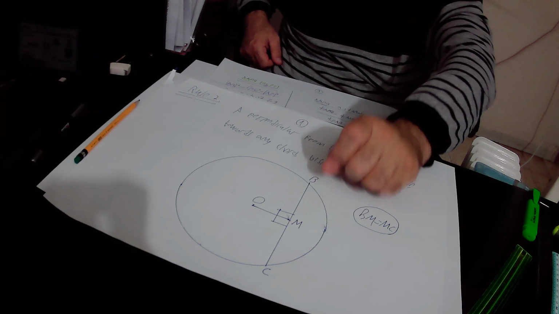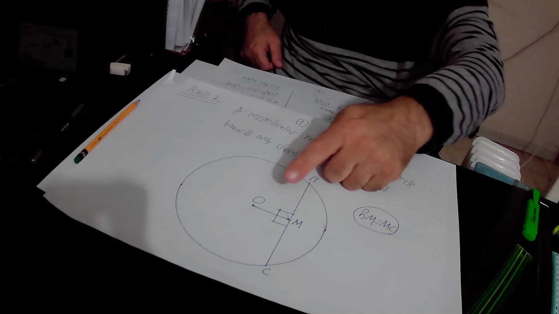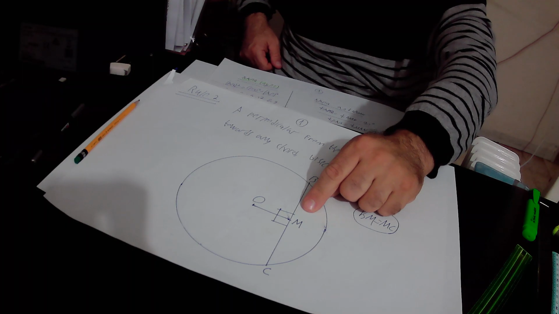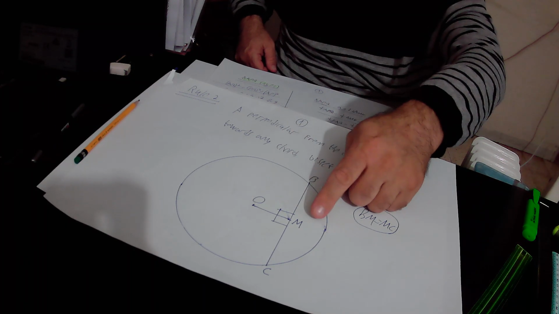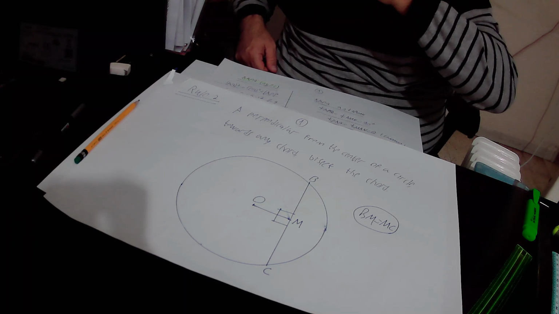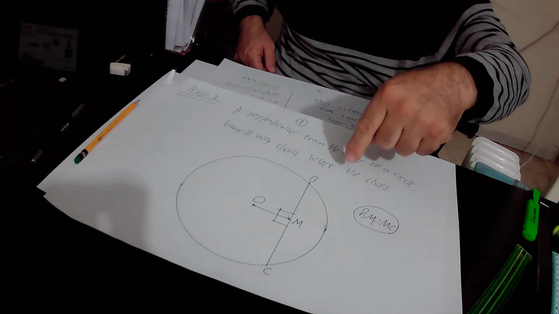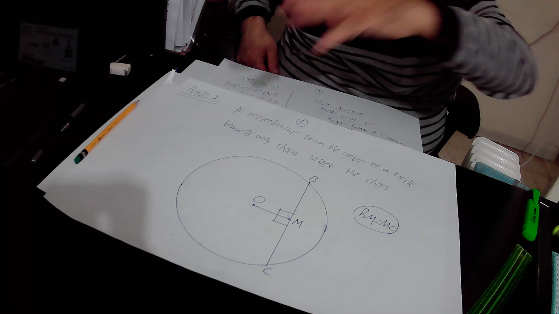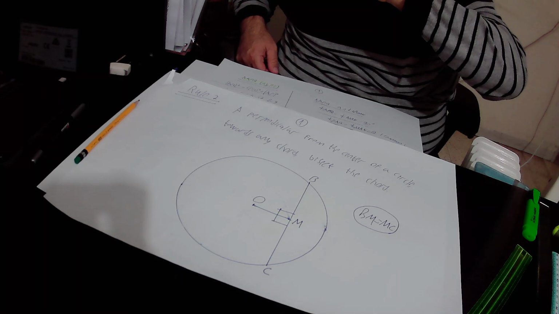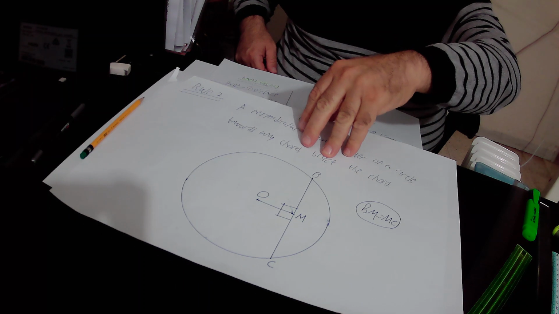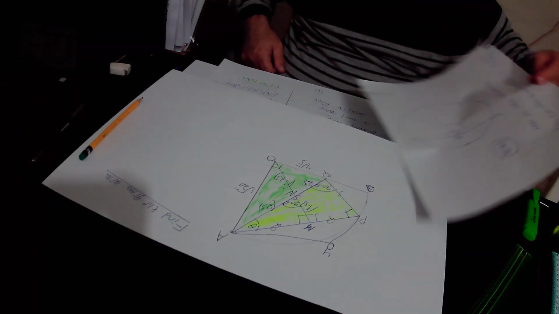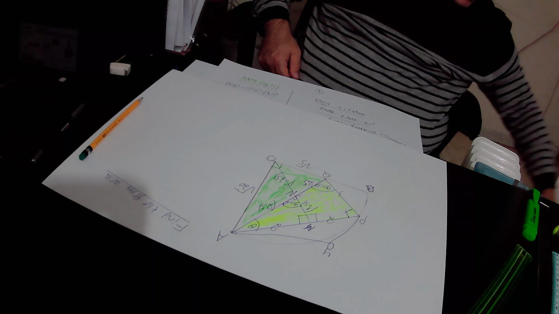The touching point of the perpendicular from point O and BC is M. So the perpendicular OM, according to rule number 2, bisects chord BC. That is to say, BM equals MC. We implemented rule number 2 in our drawing.